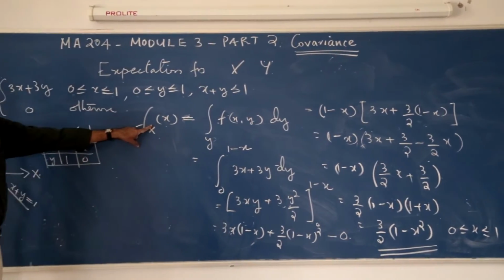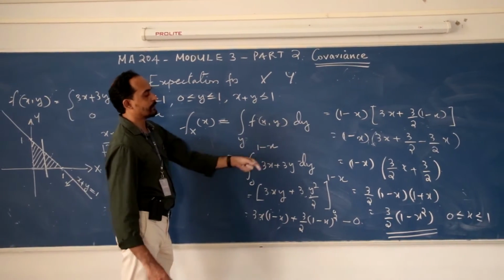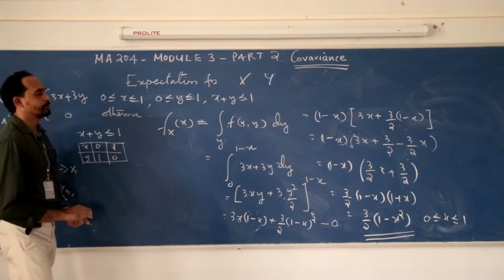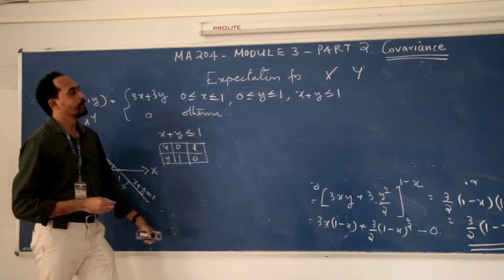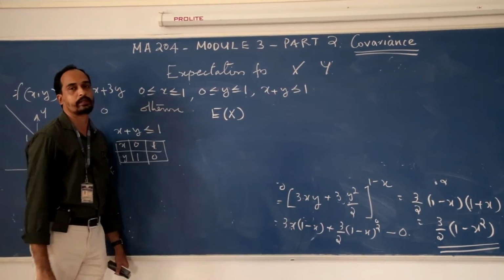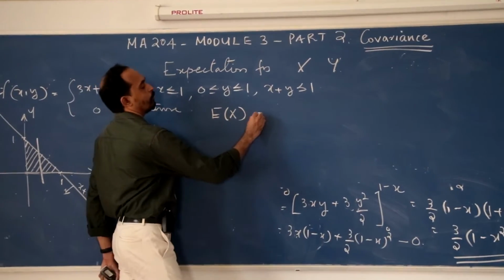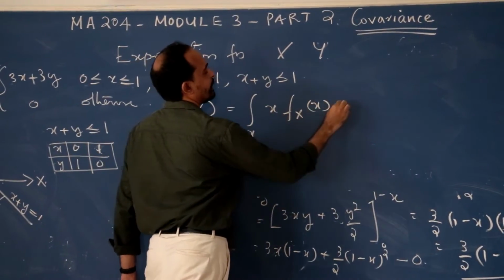Marginal distribution function of x, f_X(x), is equal to this one, 3 by 2 into 1 minus x square. Next aim is to find expectation of x. Here the formula is integral over x, x into f_X(x) dx.